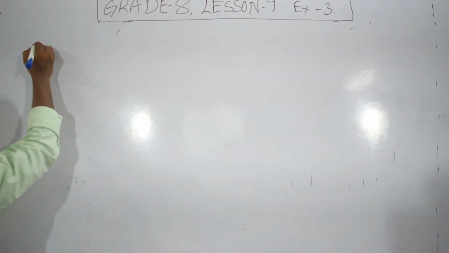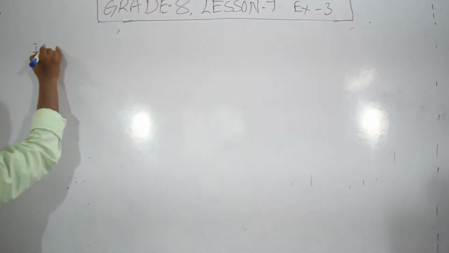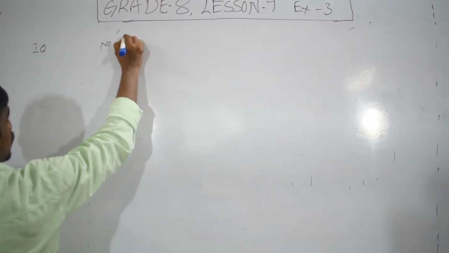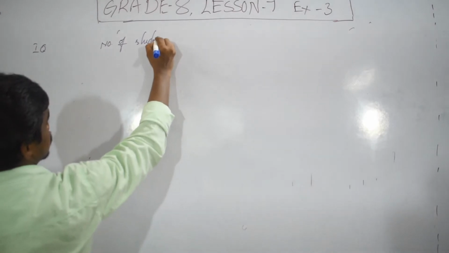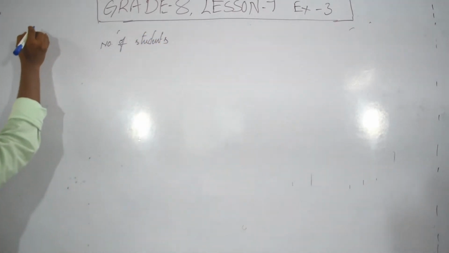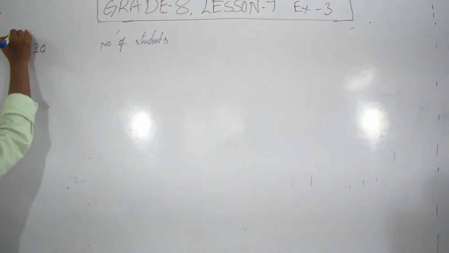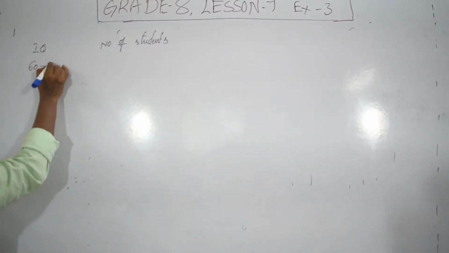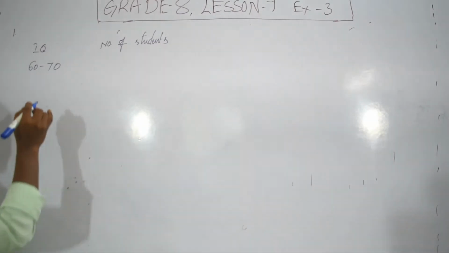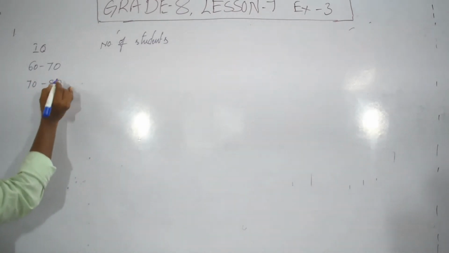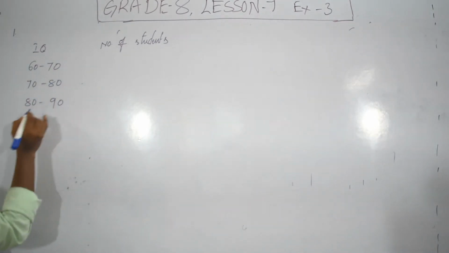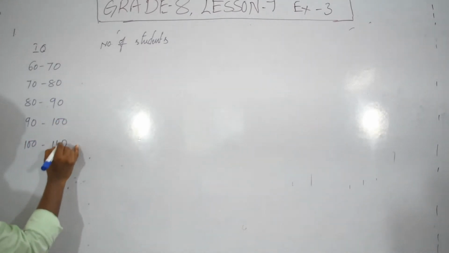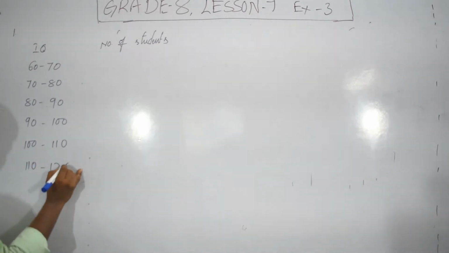Here given IQ, next number of students. See, first problem: 60 to 70, 70 to 80, 80 to 90, 90 to 100, 100 to 110, 110 to 120.